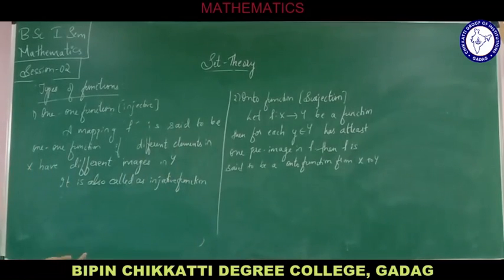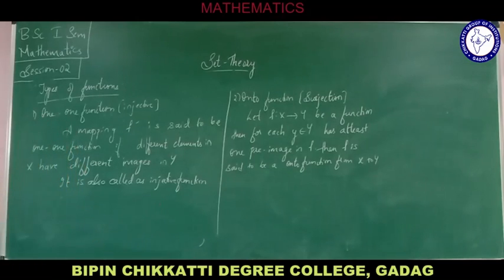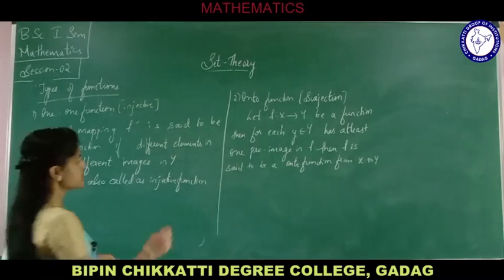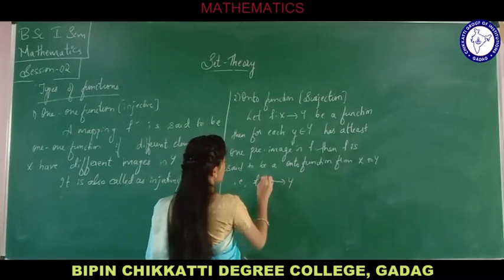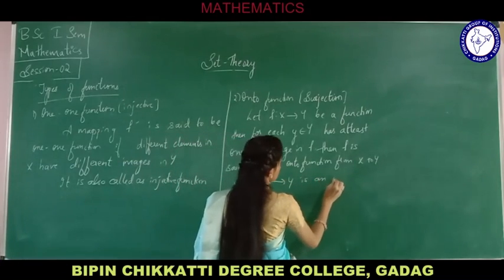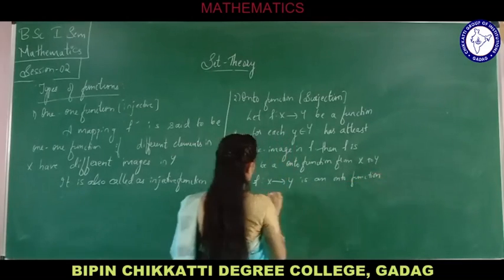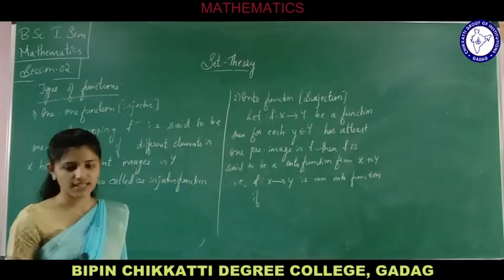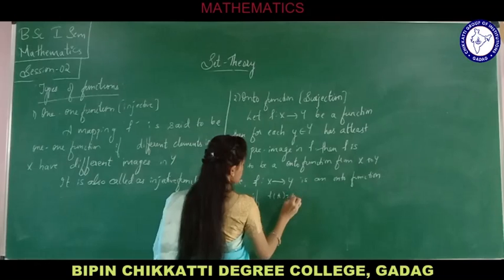Then f is said to be an onto function from x to y, if f of a equals b.